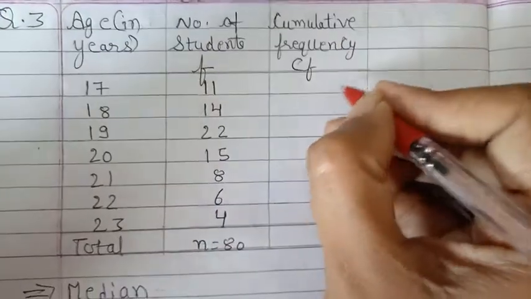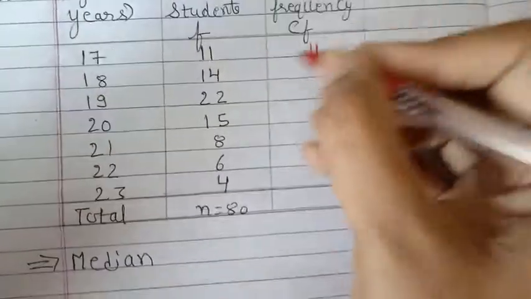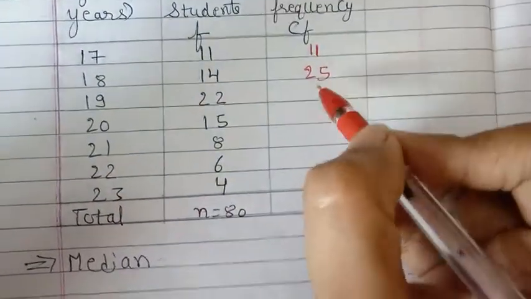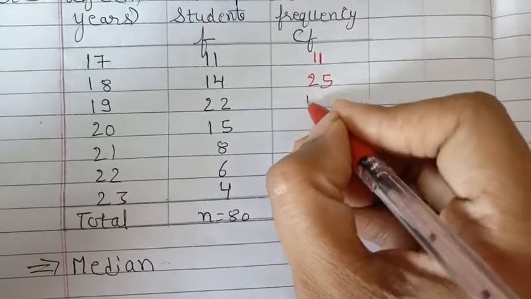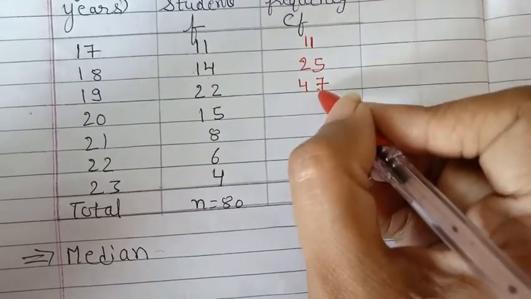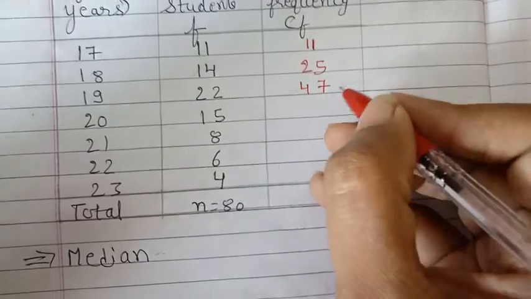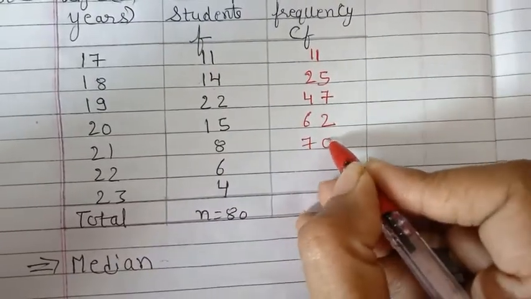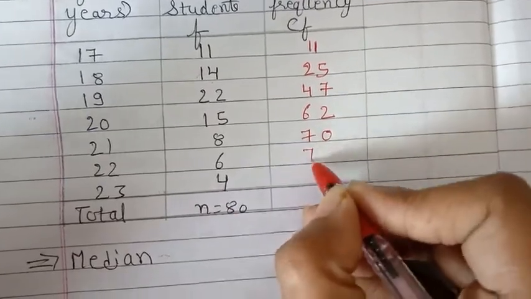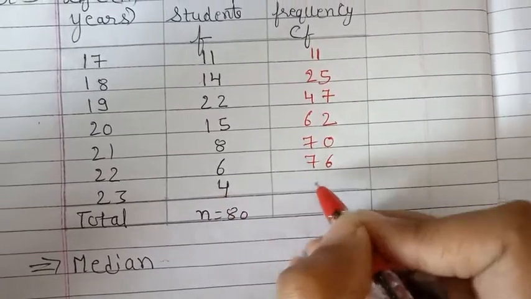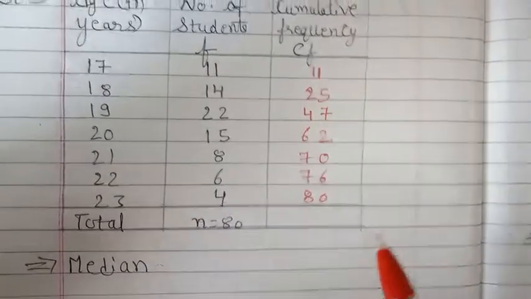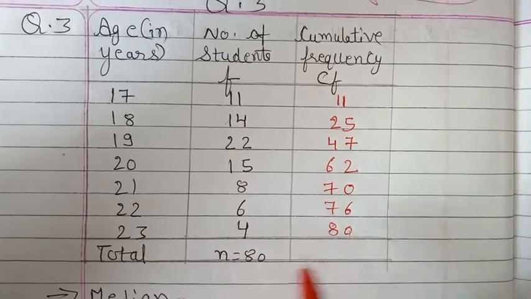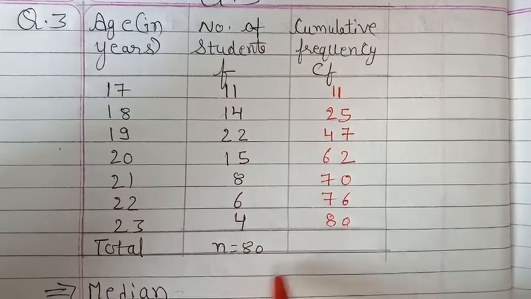So first of all here 11, then 11 plus 14, that is equal to 25, 25 plus 22, 47, 47 plus 15, so that will give 62, 62 plus 8, 70, 70 plus 6, 76, and 76 plus 4, 80. Whenever you are finding cumulative frequency, always see that the last CF column value and your N should be the same.